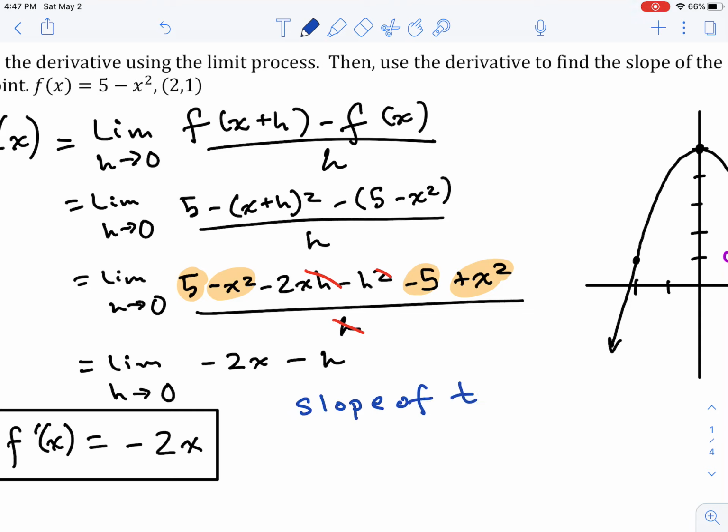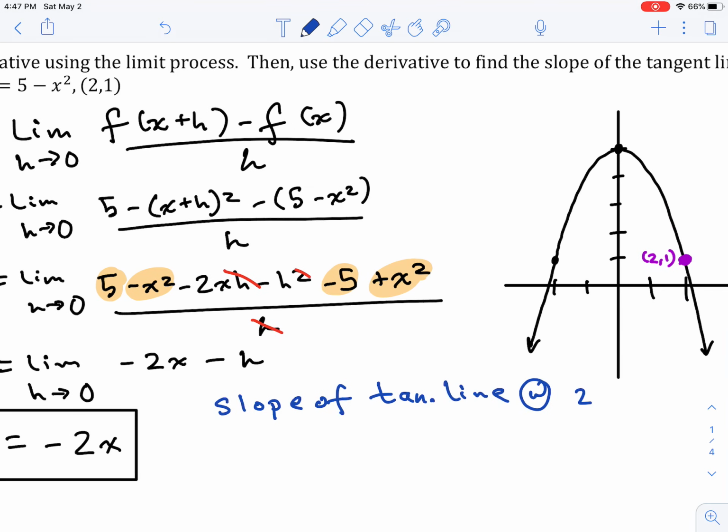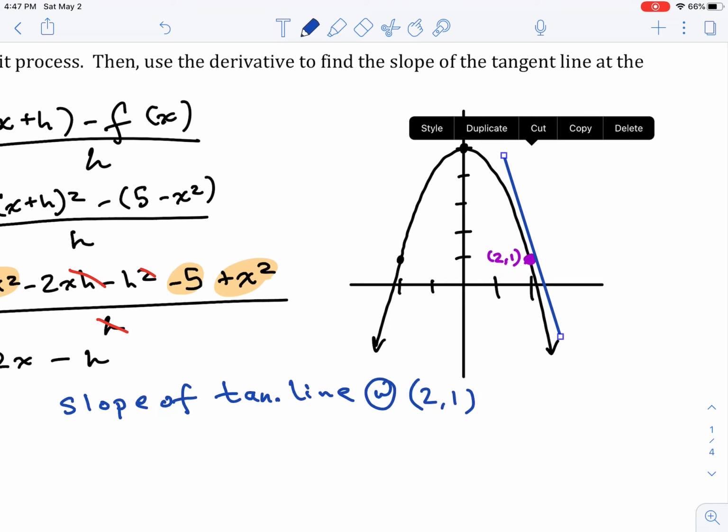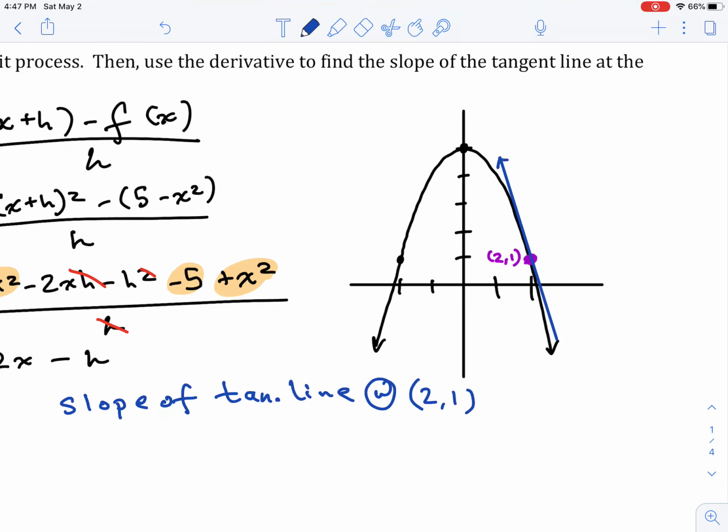Let's find the slope of our tangent line at 2, 1. So at 2, 1, let me just go ahead and draw a tangent line here for you. And that's not very good, but I'm just going to go ahead and kind of cheat there. There's my tangent line, looking good.